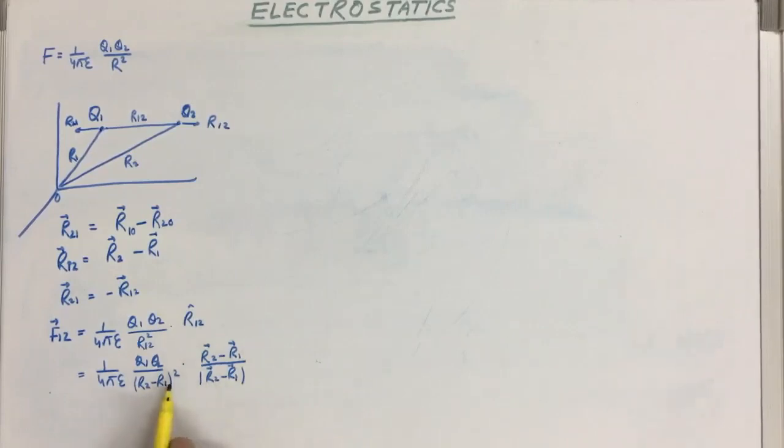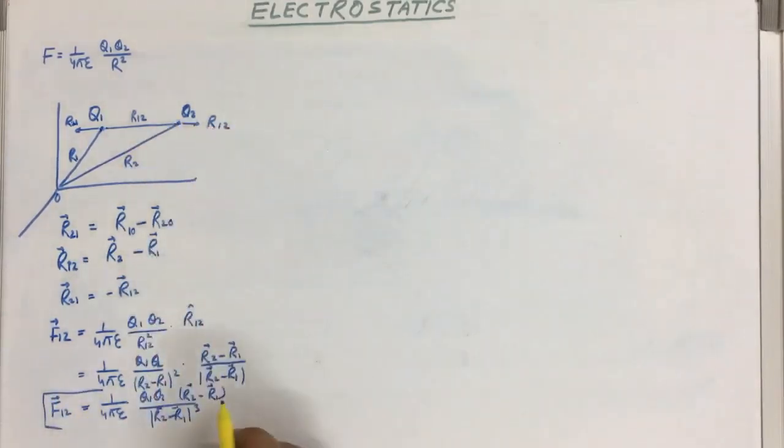In this way it can be multiplied and further simplified as 1 by 4 pi epsilon q1 q2 (r2 minus r1) divided by |r2 minus r1| cube. This is the force in the direction of q2.